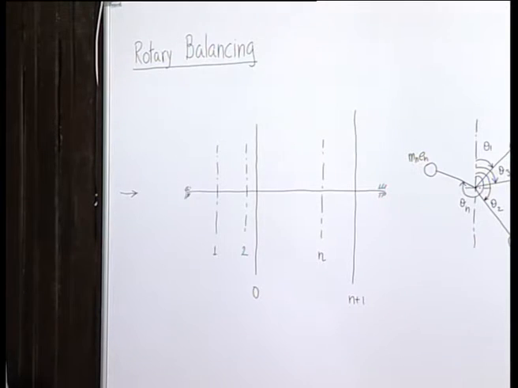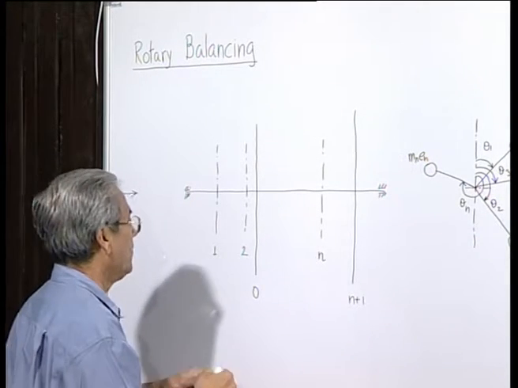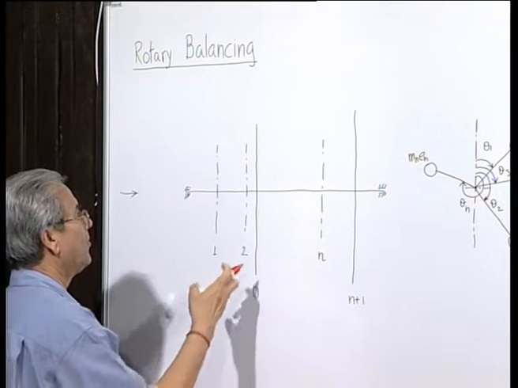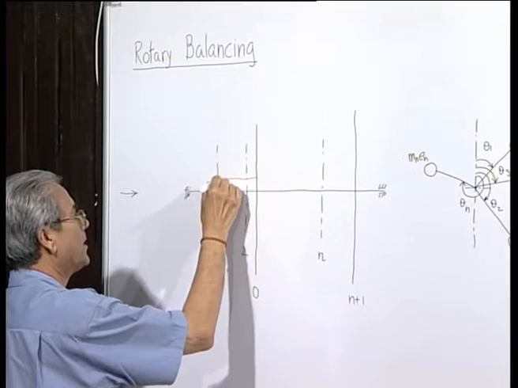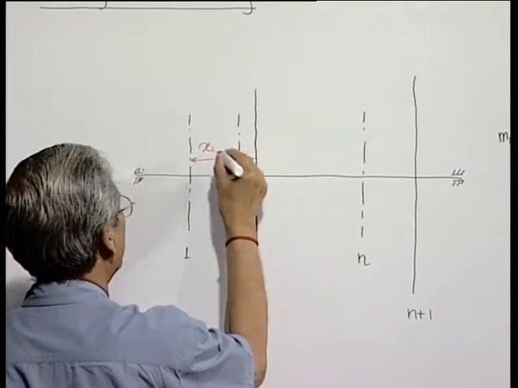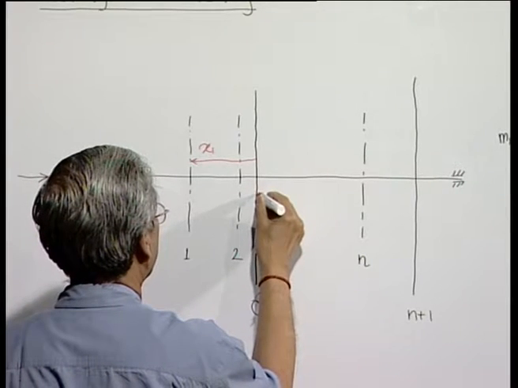One other thing which needs to be taken care of is the distances of these planes where unbalances are present from the one balancing plane.